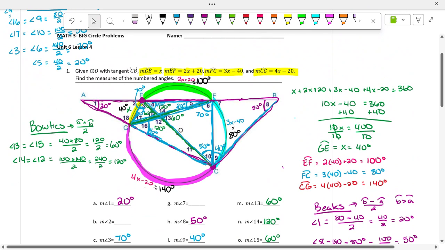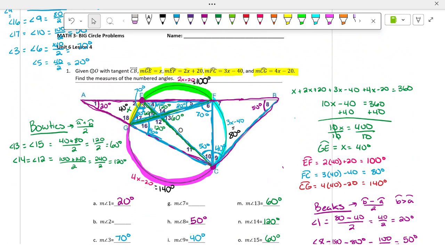All right. And there's one more. 11. What does it connect to? 40. So it's the same as 5. It's 20 degrees.